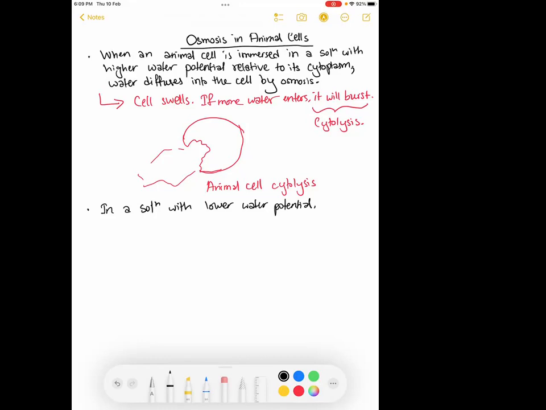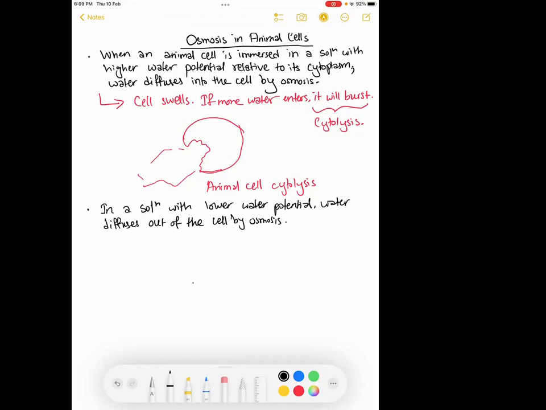I hope you understand. Water will diffuse out of the cell by osmosis.